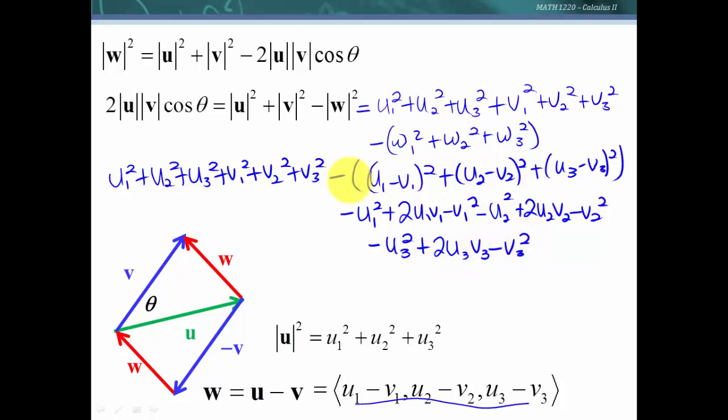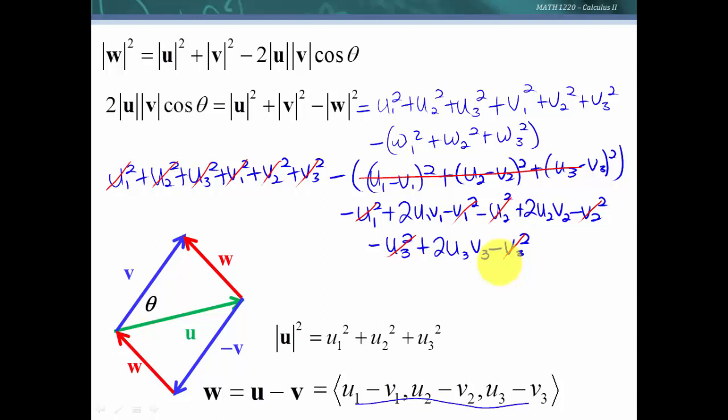So what I did was replaced just that last part with this, and we could see that these would cancel, and we could see that these would cancel, and the u3 squareds, the v1, the v2s, and v3 squared.